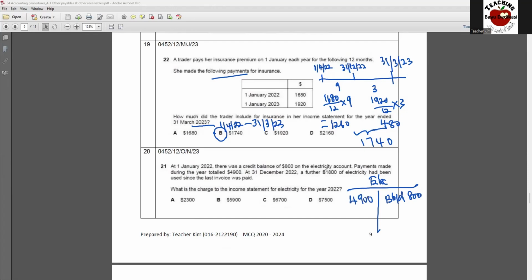At the end, a further 1,008 of electricity has been used since the last invoice was paid. So that means this one hasn't been paid. It's an accrued amount. Accrued amount is sitting in here. The question, how much in the income statement of profit or loss? So the difference is taking the debit minus the credit, which is 5,009. So this is the income statement or the profit or loss amount.